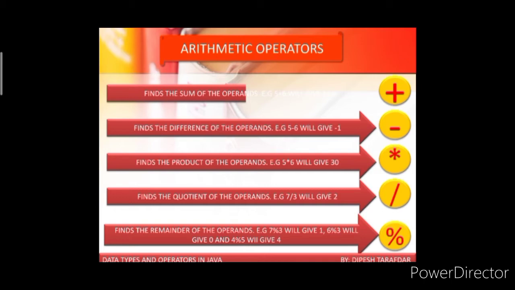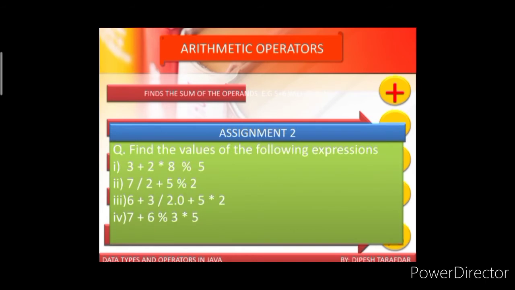If I write 7 slash 2, where both are integers, I'll be getting 3. But if I write 7.0 slash 2, I'll be getting 3.5. This is an assignment based on the arithmetic operator.